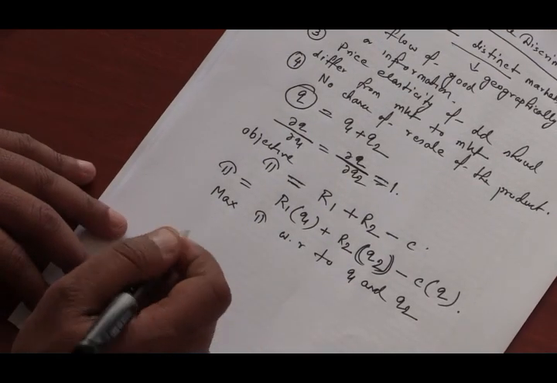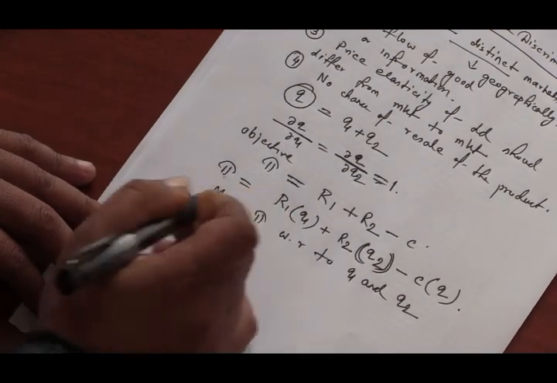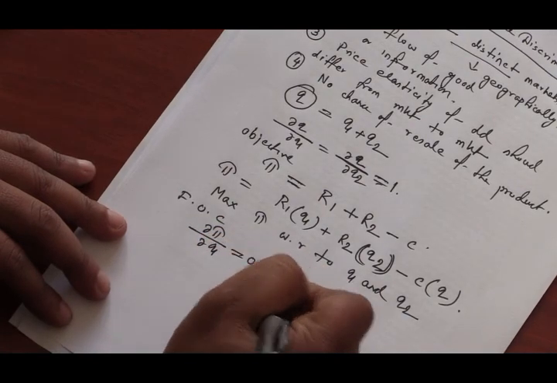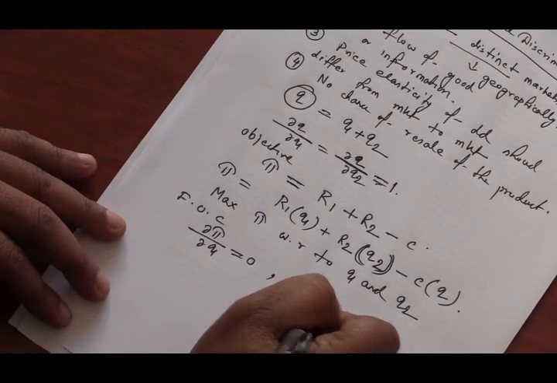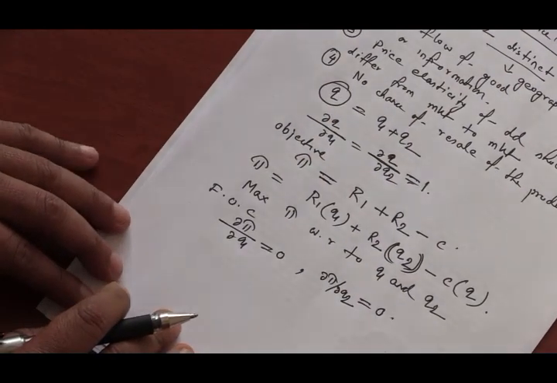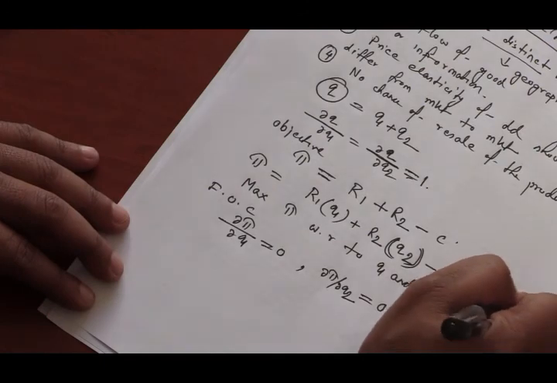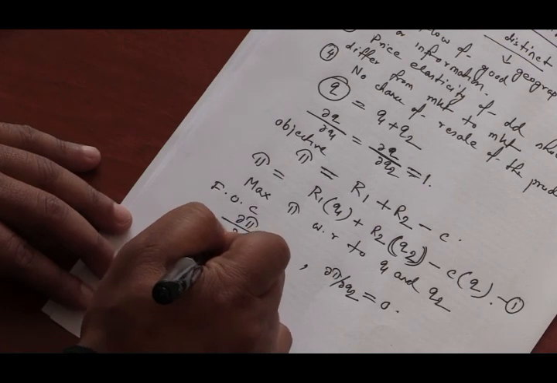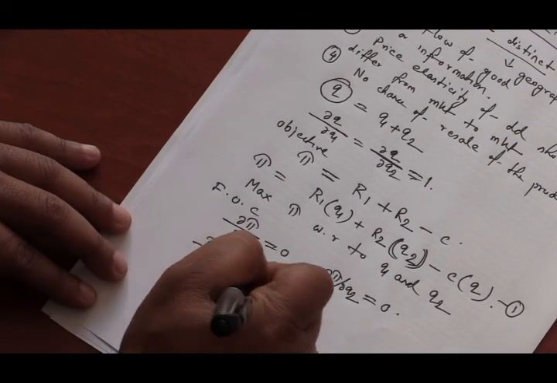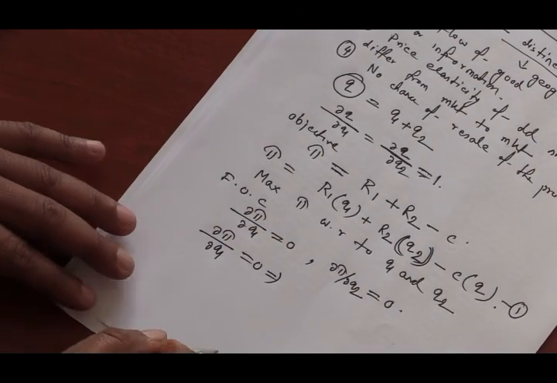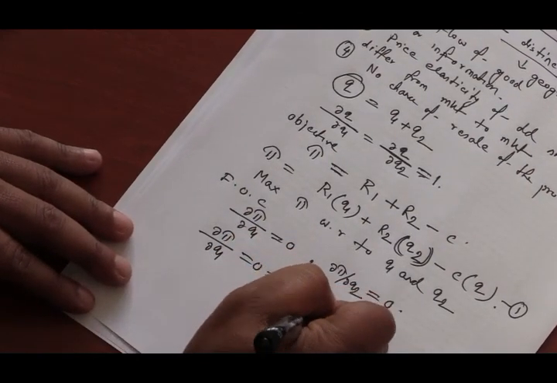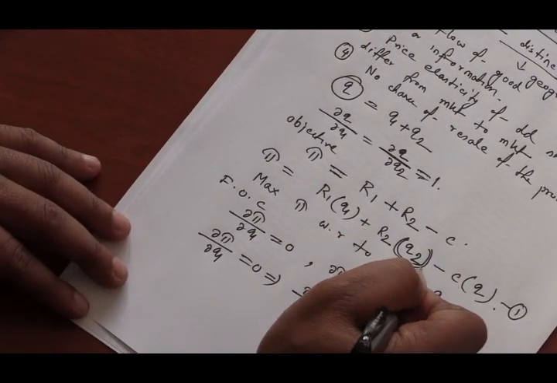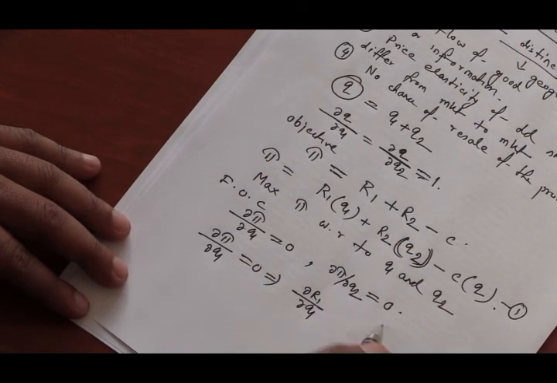So what is the first order condition? The first order condition requires the first order derivatives to be equal to 0. So let us differentiate equation 1 with respect to Q1 and Q2 individually. In here, if we differentiate revenue in market 2 with respect to output sold in market 1, the value will be 0.